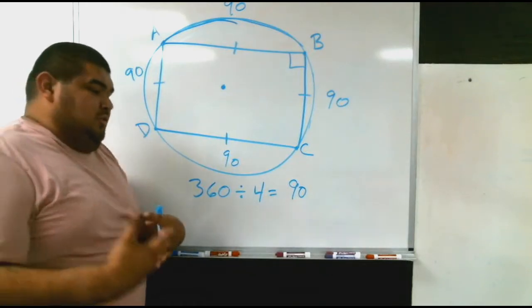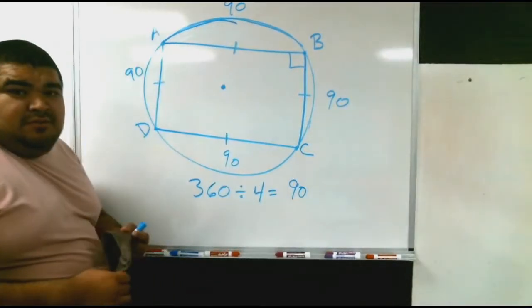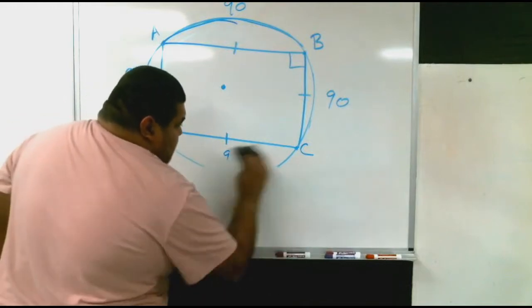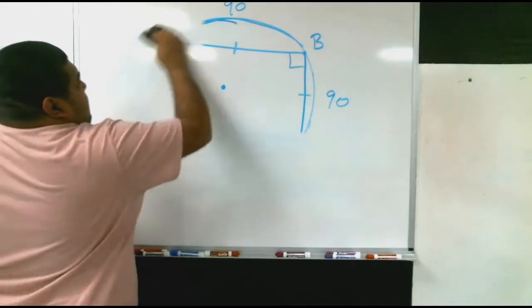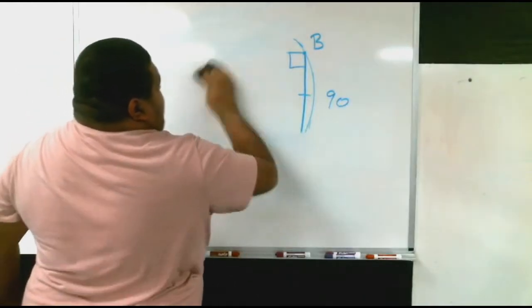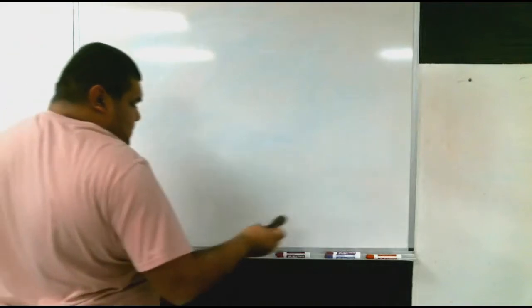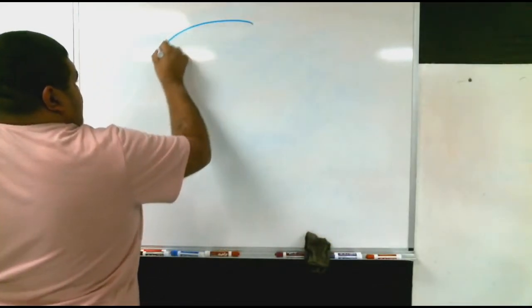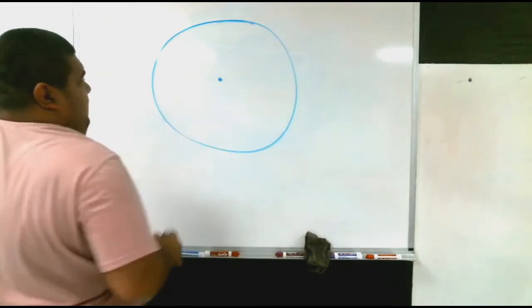Let's do one more just to be on the same page. Make sure you write it down. This time we're going to do another shape. Again, we have our circle, we have our center.